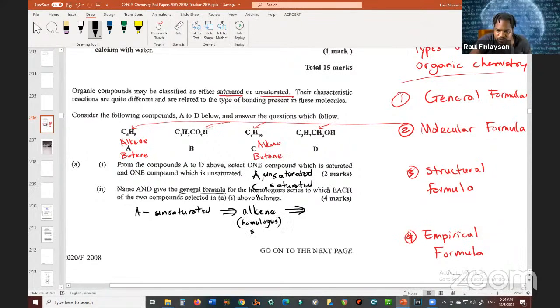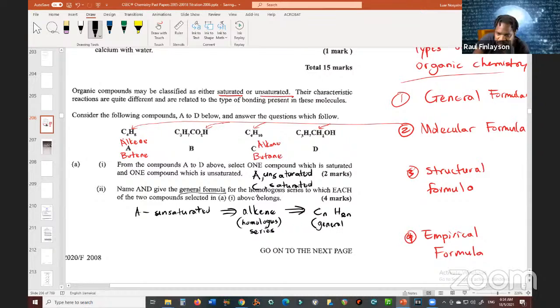Everybody remember that. This is the homologous series, guys. For those who didn't know, alkene is the homologous series they ask for, with the name and the general formula. So the general formula for the alkene is CnH2n.